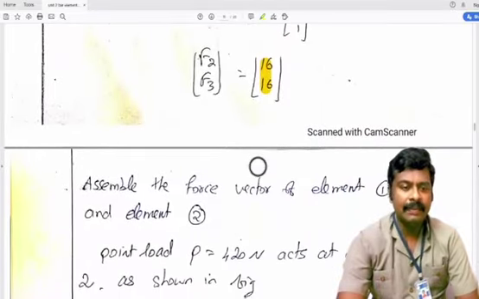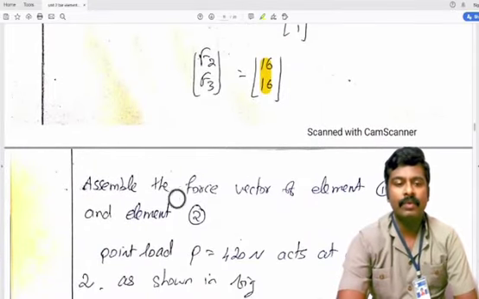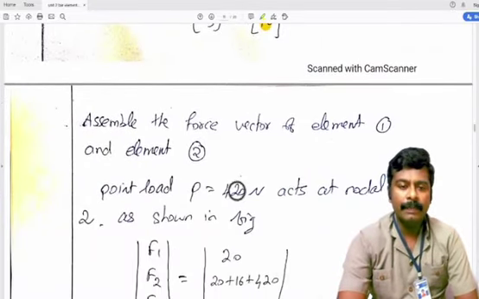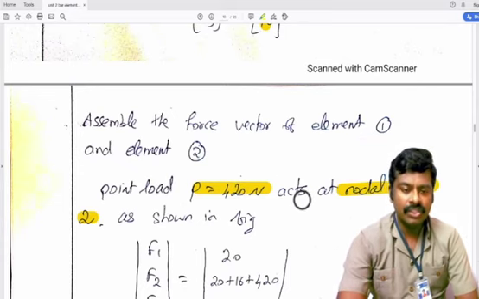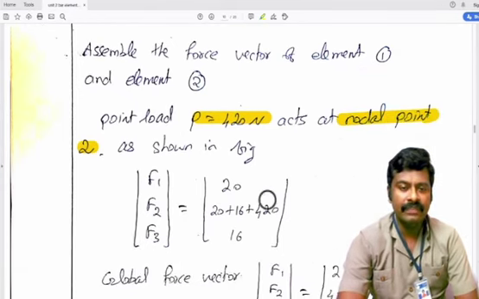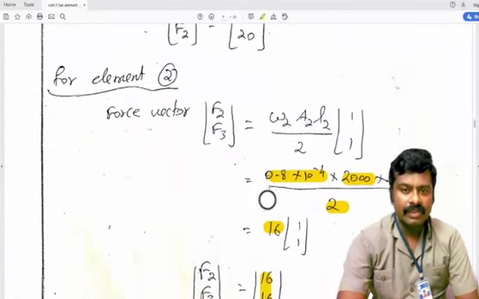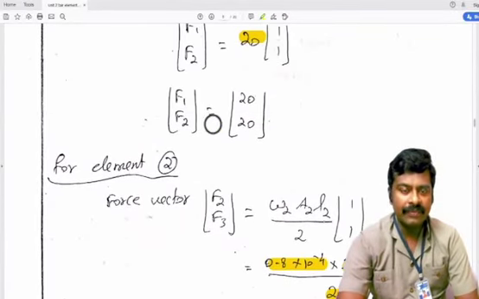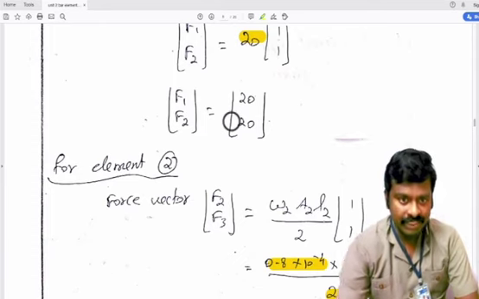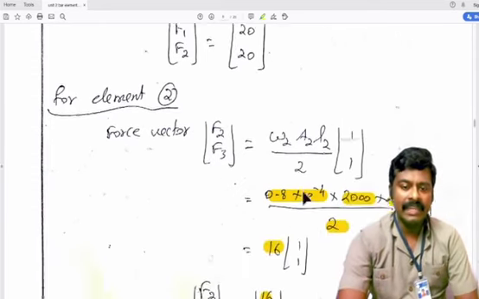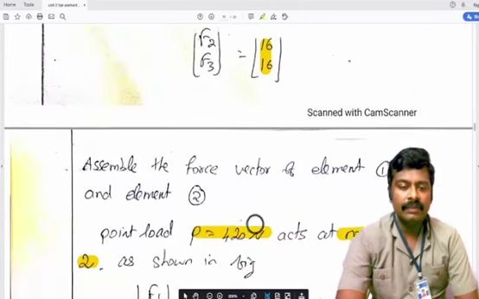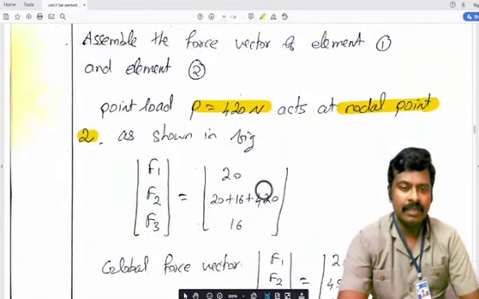Then next step, assemble the force vector of element 1 and 2. Point load P equal to 420 Newton acts at nodal point 2, that is midspan, as clearly shown in the figure. Here the coefficients of the force vector matrix are 1 and 1, so there is no issue in assembling.